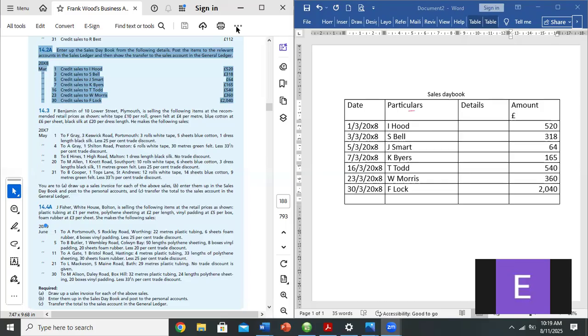Or better still, whoever has the figure can give it to us for the sake of time. 4,007. Okay, so we have 4,007 pounds.